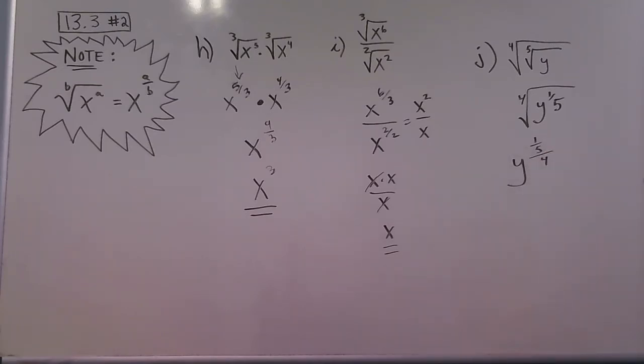Now that's a complex fraction, but it's 1/5 divided by 4. And so when we think about that, it's 4 over 1. We could flip this up. Remember the division of fractions rule, and we can multiply by 1/4. So what I get is y to the 1/20.